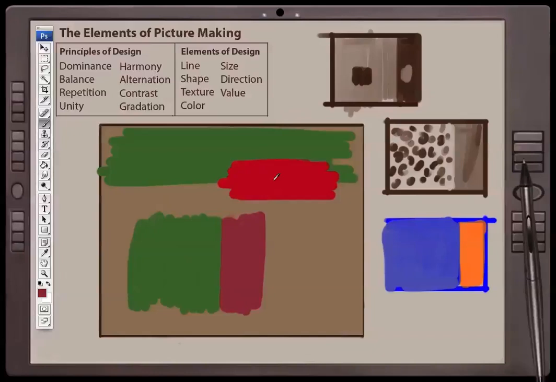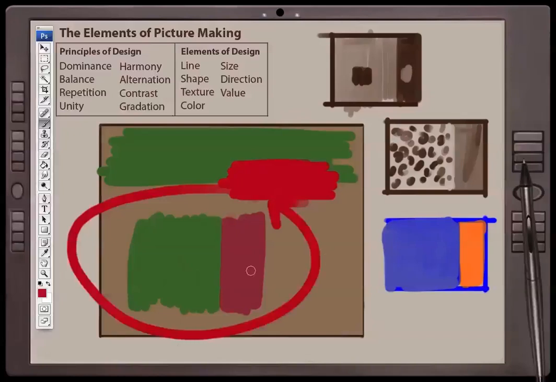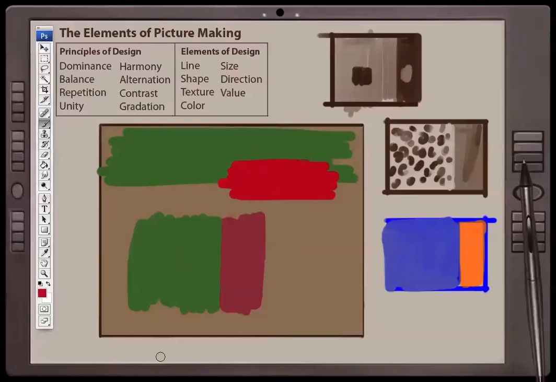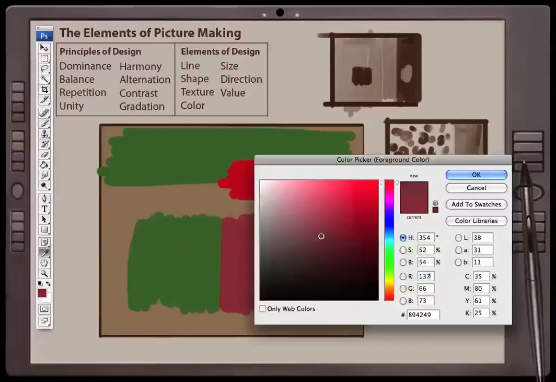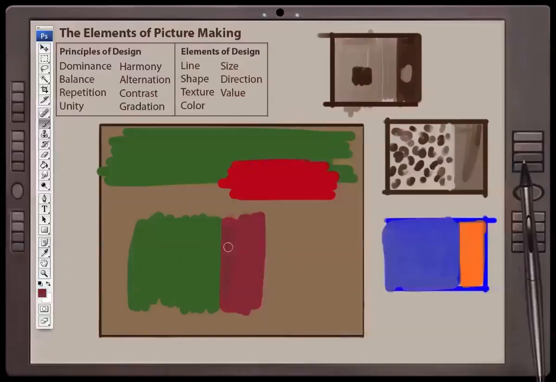So it's the more intense color of the green that is dominant, while the more grayed red color becomes subordinate. The conflict between the two intensities has been resolved by making one grayer and the other remains more saturated or intense in color. I think I can gray the red even more so that the green appears more intense. Like this. You see, by doing that, the green now appears more saturated.